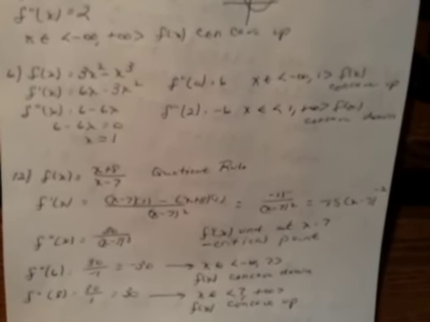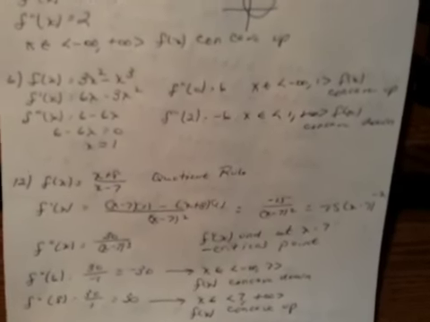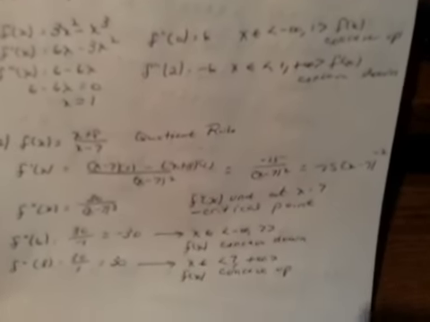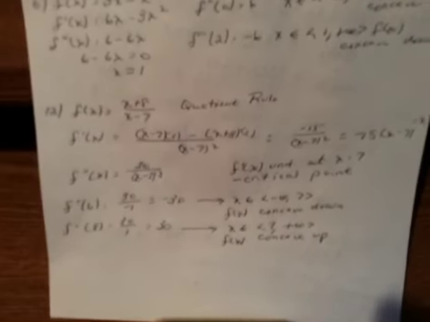That tells me in that region where 0 is included, negative infinity to 1, it will be concave up because the second derivative is positive. On the other side of 1, from 1 to positive infinity, if I put in a number like 2 into the second derivative, it's negative, telling me it's concave down.